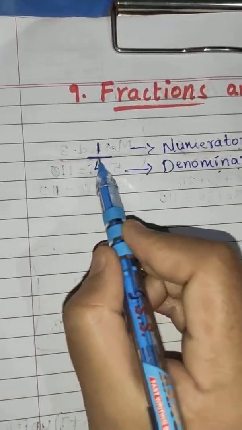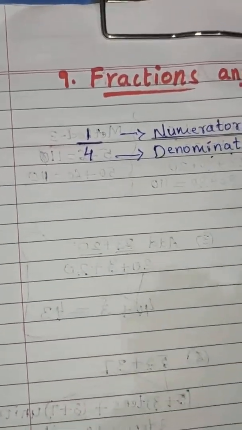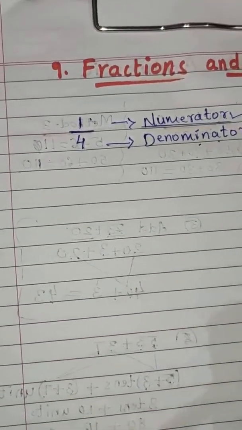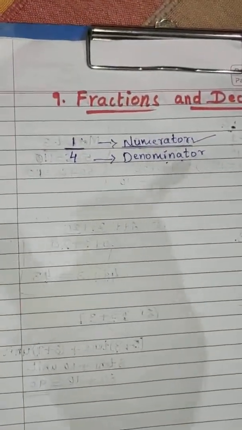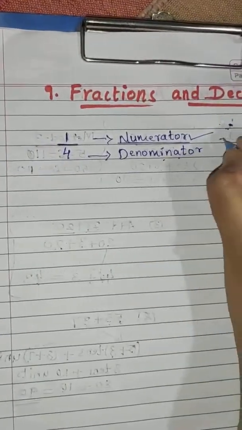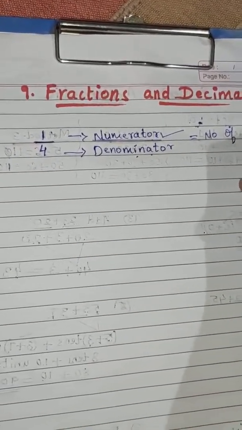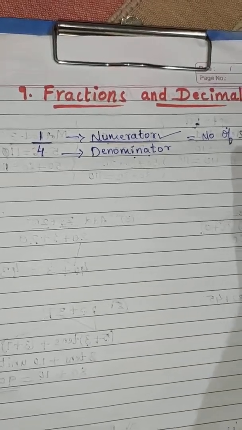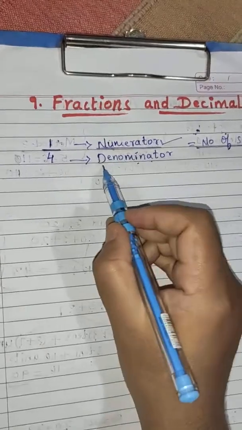So here, this numerator represents the number of equal parts selected, means shaded. You can say shaded also, selected, or number of selected parts. Okay, shaded parts divided by, what is this?